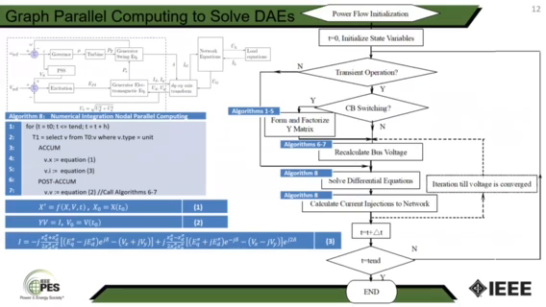Moving forward, we use parallel computation by graph to solve DAEs for transient simulation. Here is a flowchart showing how we do transient stability simulation using the sequential method. First, we do the initialization using the power flow solution.